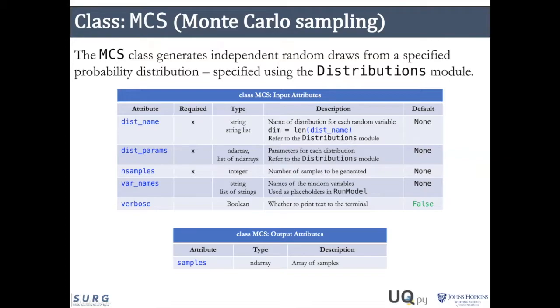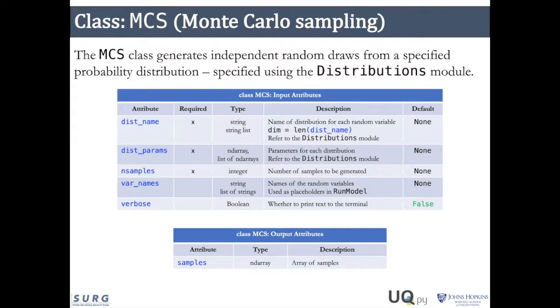Now, we also have some optional parameters, such as the var names, which are used in accordance to run model. Basically, they are placeholders to be used in the case that the Monte Carlo simulation is combined with a run model module. And also we have the option verbose, which is an option whether or not to print on the terminal.